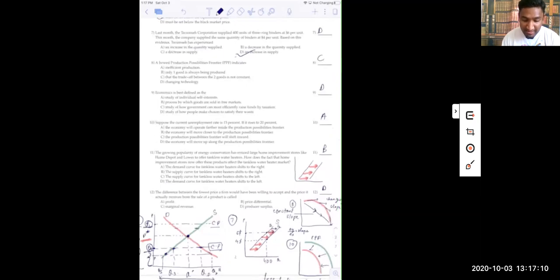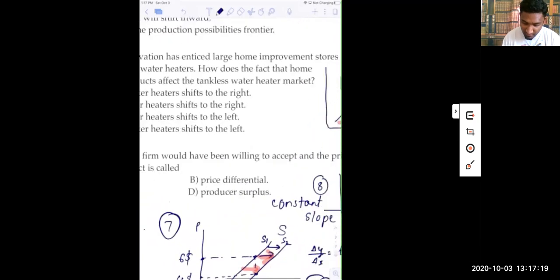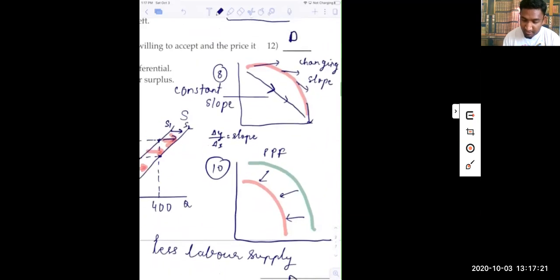Moving on to question 8 about what the production possibilities frontier indicates. Suppose your production possibilities frontier is straight like this. What is slope?